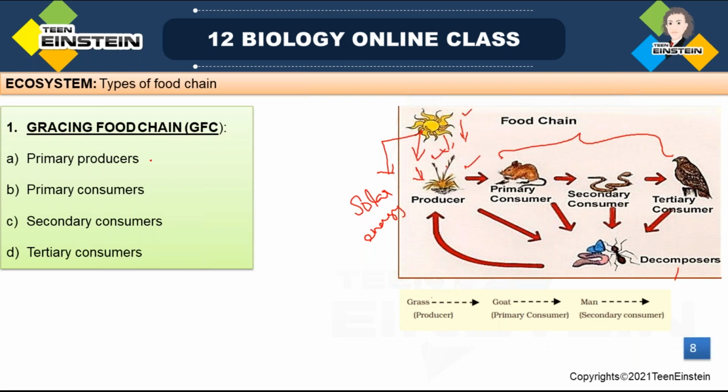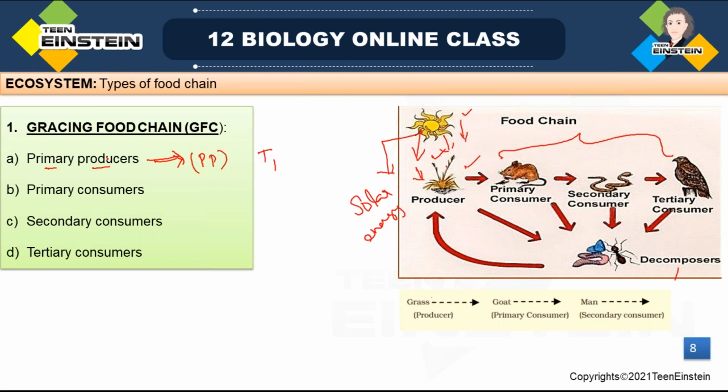Here, the primary producer, we'll mention it as PP. They are autotrophic organisms, and these organisms can fix the solar energy and manufacture their own food, and they form the base of that food chain. So these will come in the first trophic level or T1 level. Primary means they are the starting producers, the first producers in that grazing food chain.